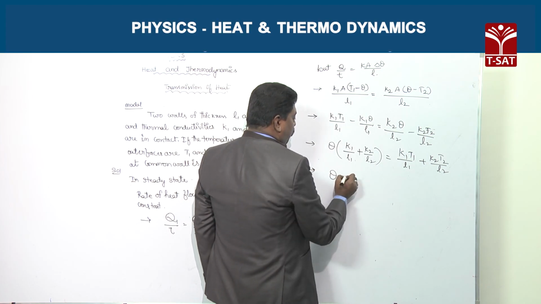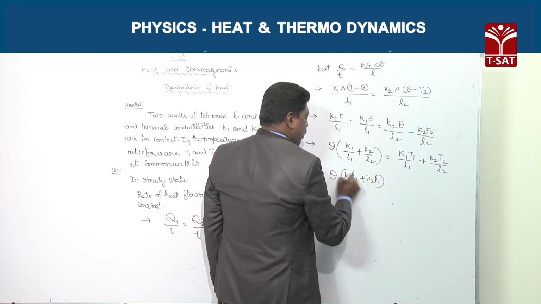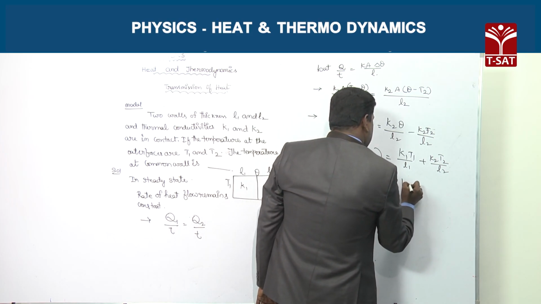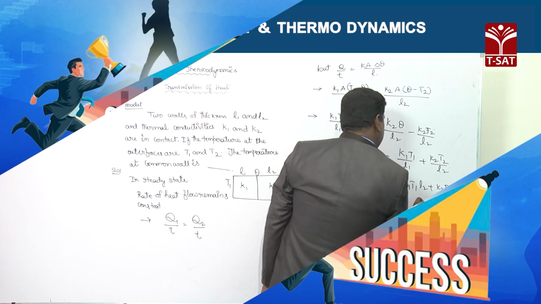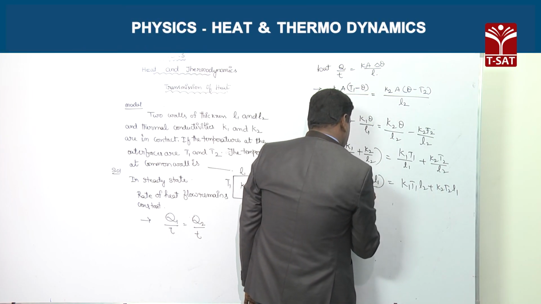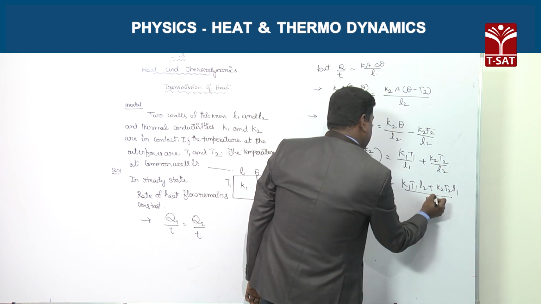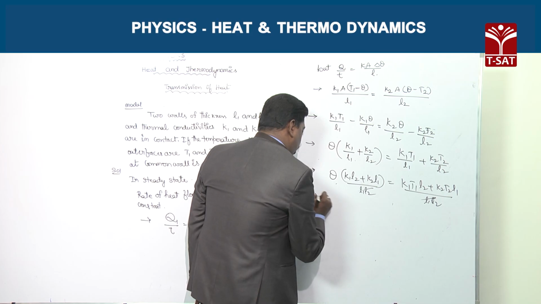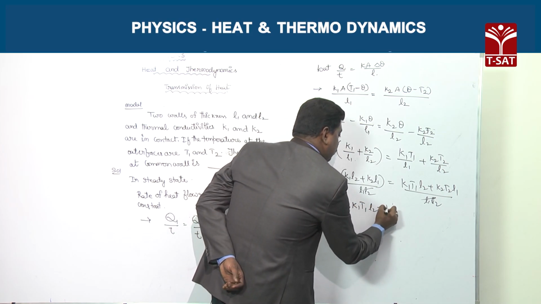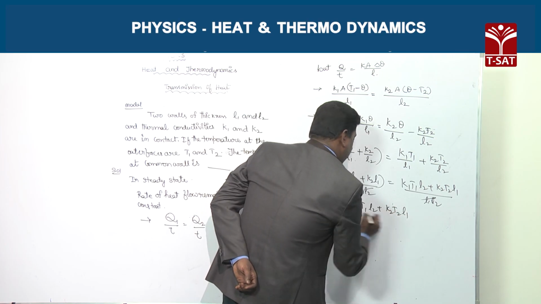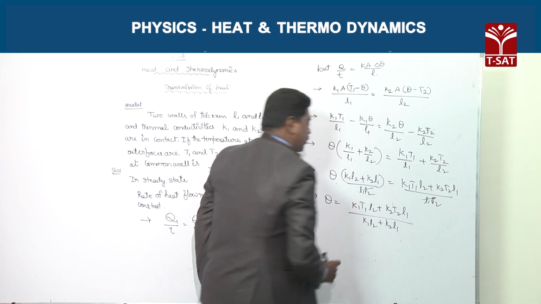Completing the LCM part, we have theta (K1 L2 plus K2 L1) equals K1 T1 L2 plus K2 T2 L1. L1 L2 gets cancelled on both sides. So we have theta equals (K1 T1 L2 plus K2 T2 L1) by (K1 L2 plus K2 L1).